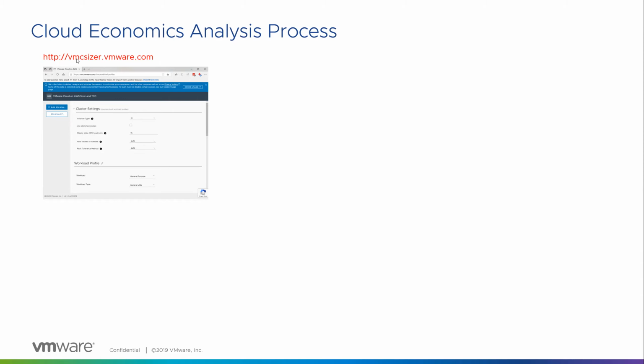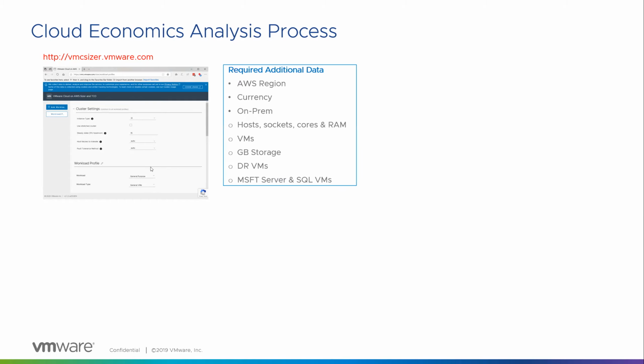You can all try out vmcsizer.vmware.com, and we'll show you how to use it in just a minute. It will tell you how many nodes you need to buy on VMware Cloud. But we're also going to ask for some additional information so that we can customize it just for you, because the sizer just tells you the size, it does not tell you the price.